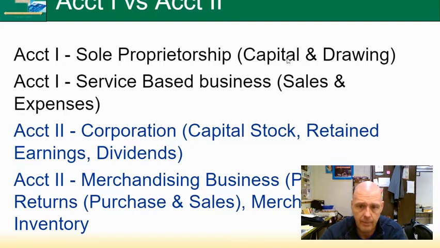That replaces capital. We have dividends that replace drawing. We still have sales, right? But now we also have purchases and any kind of returns, whether it be sales or purchase returns, and we got merchandise inventory. Okay, we still have expenses. So we just have a few more pieces to the puzzle to figure out whether we made money or didn't make money.